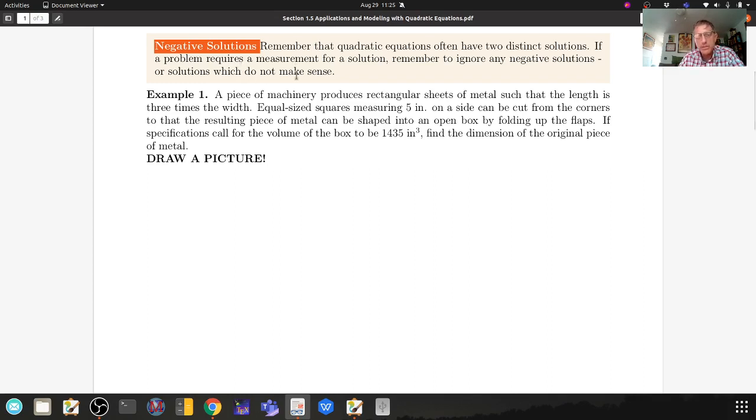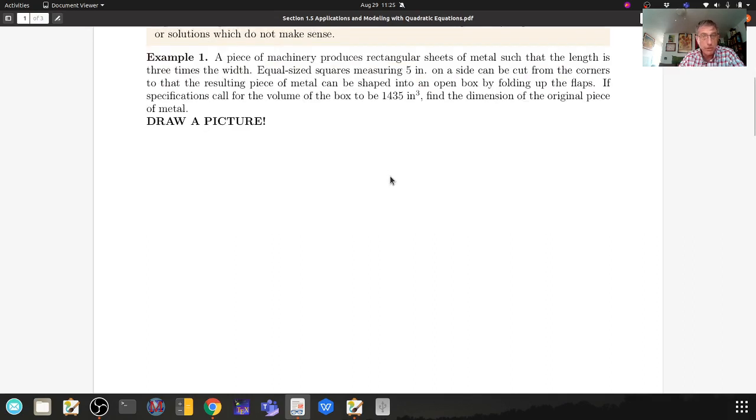Since you'll be doing these solutions in my math lab, negative solutions usually don't make any sense, nor do complex valued solutions. So when you encounter one, just throw it out. We won't always throw it out, but if we can't make any sense of it, we throw it out and just take the positive solution. Sometimes 2 solutions will actually make sense. We'll see that later on.